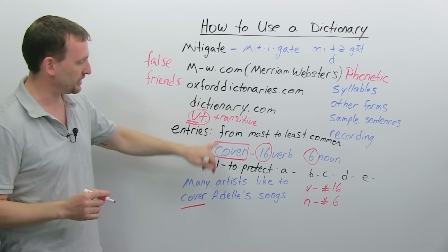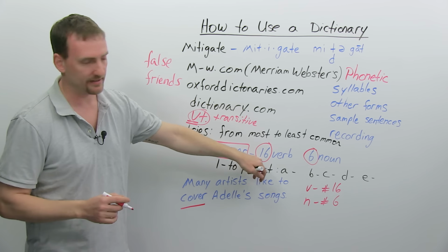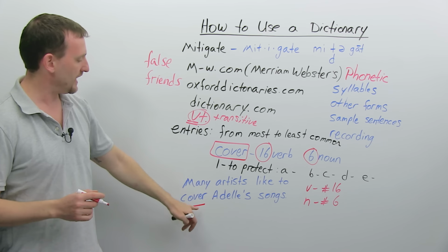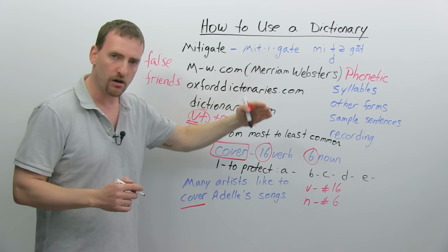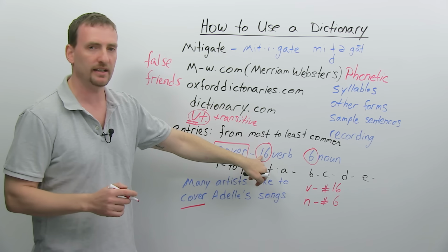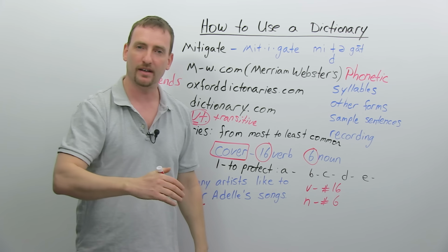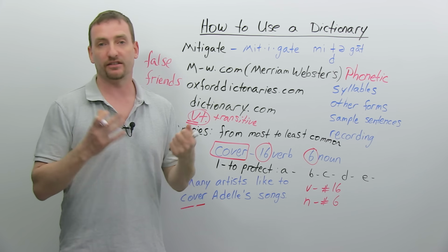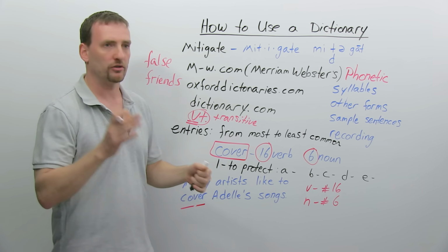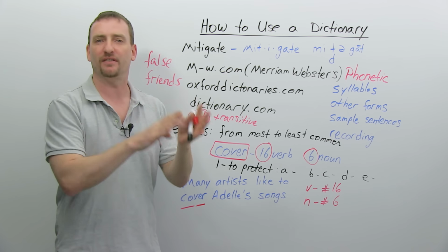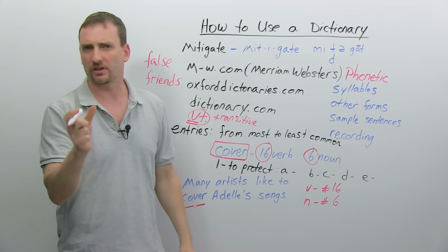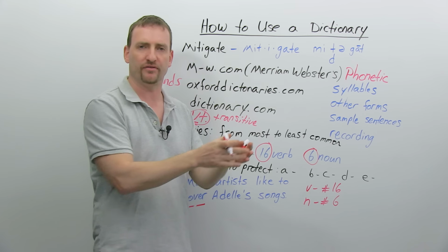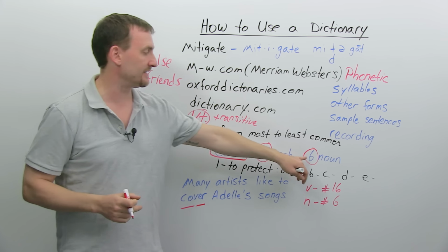So you go to the dictionary. This is from Merriam-Webster's, by the way. You go through all the different meanings and you find number 16, the last one. Cover means to record or perform a song. Now, to record or perform a cover of a song. So now they're using the word cover in the definition of cover, but they're using it as a noun.